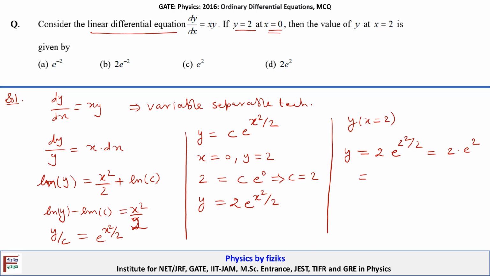Now e square can be written as 2.72 square, which comes to be 5.111 approximately. Or instead of calculating the final value, y can be given as 2e square, which corresponds to option D, and hence D is the correct option.